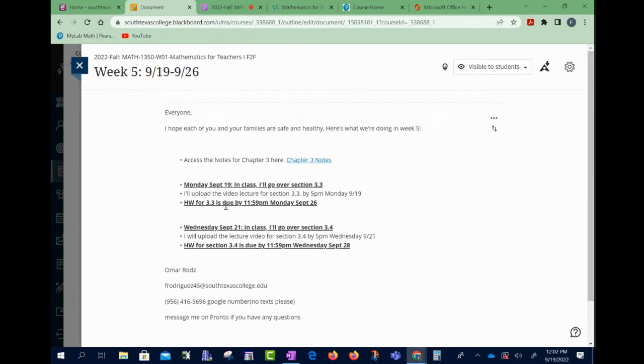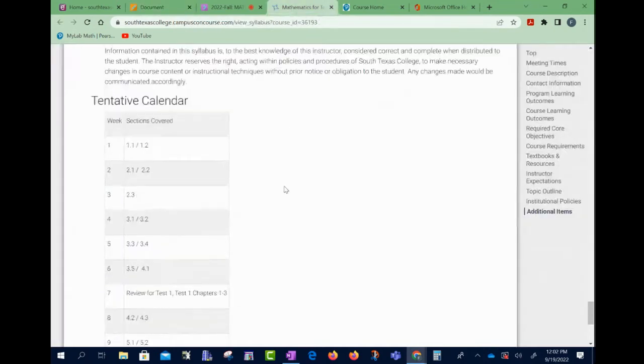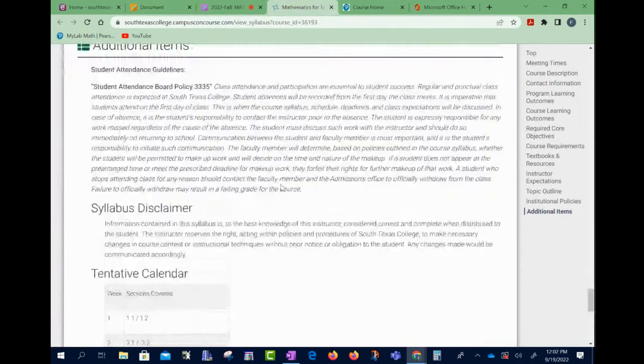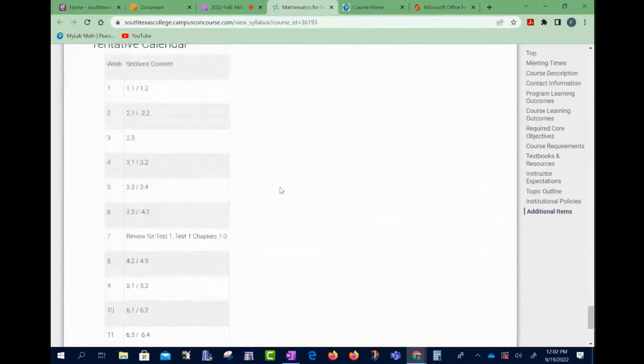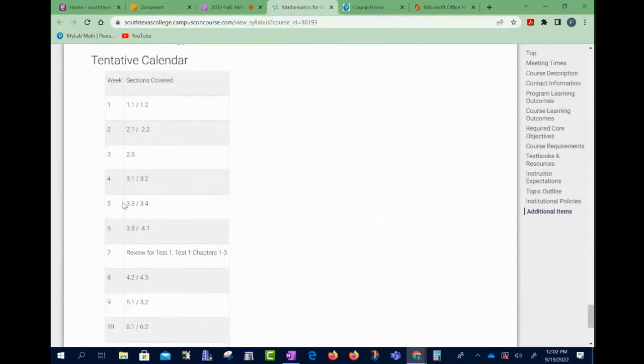So just a quick heads up before I get started on anything, I pulled up our syllabus and I was looking at my calendar that I have here, right? So we're in week 5, so we're right where we're supposed to be because we're going to do 3.3 and 3.4. But I want you to notice in week 7, we're going to have a review and our first test, and it'll be over chapters 1 through 3, okay?